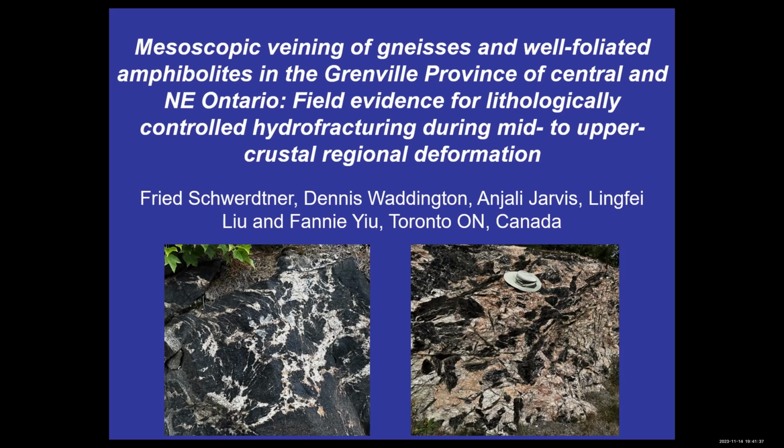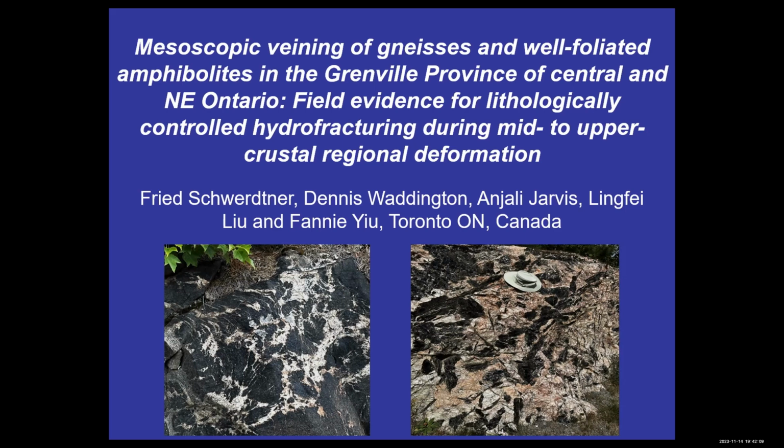And today I'd like to propose that we have examples of deep crustal or mid-crustal hydrofracturing, actually fossil hydrofractures in the form of irregular veins in the Grenville Province. I'm following the ideas that have been summarized by Bonds and others in 2022 on this subject.